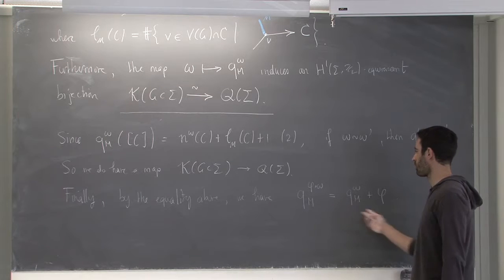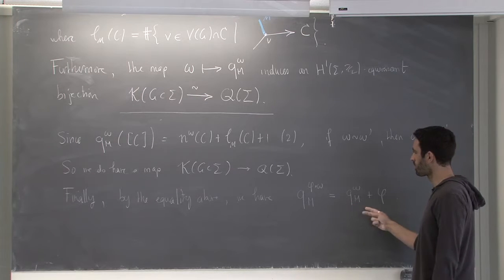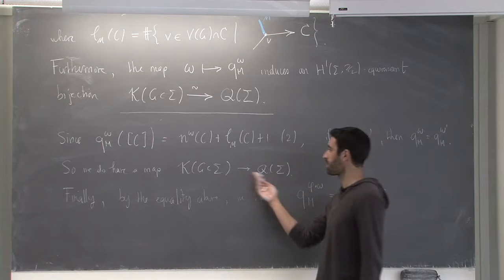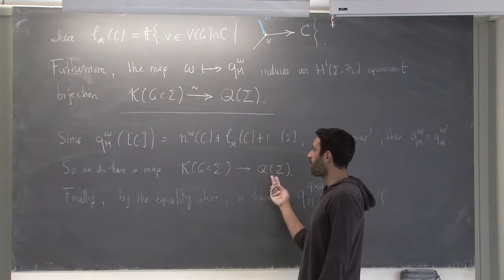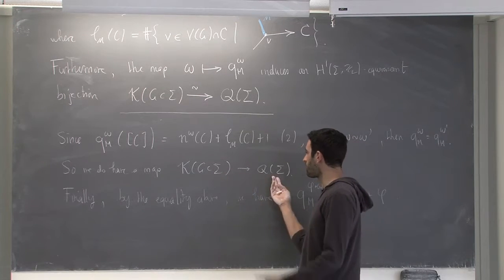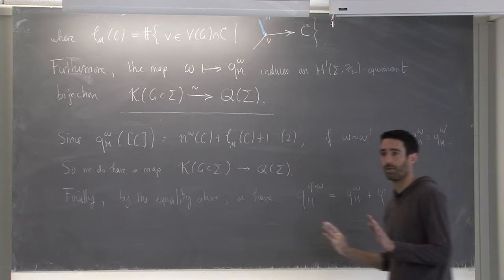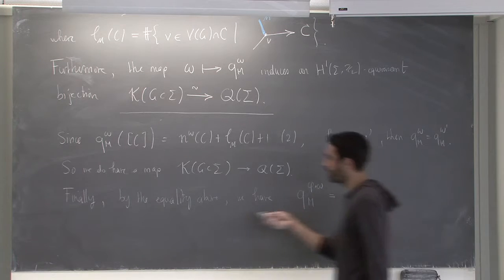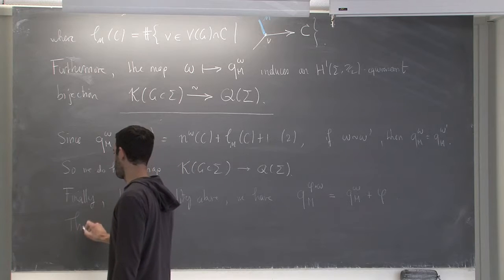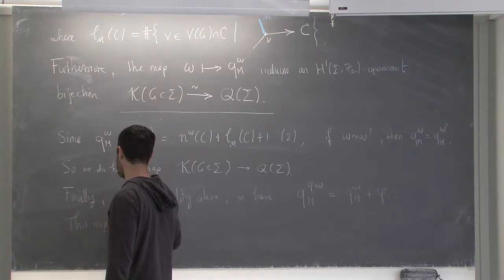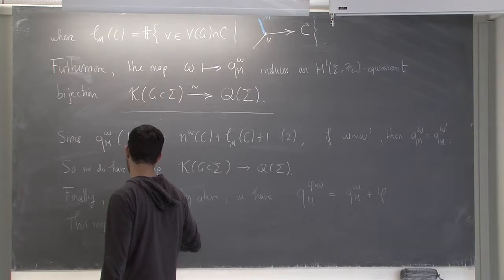You just look at the definitions and it works. So this means that this map is equivariant, and then since these two are affine spaces, it's automatically a bijection. This implies the last statement.